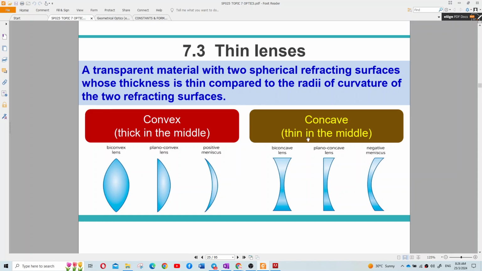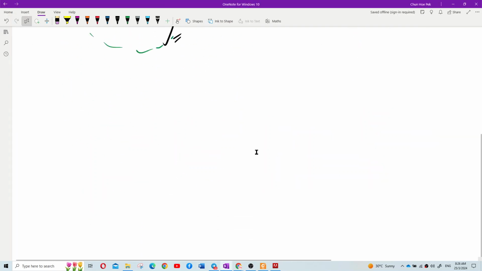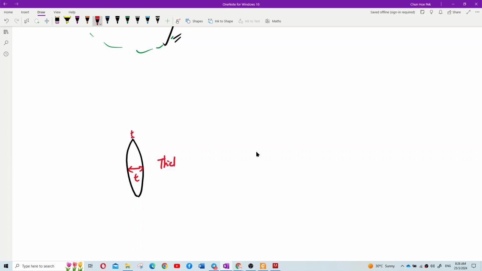Do you see a difference? What I mean is, what is a biconvex lens? A biconvex lens is thick in the middle compared to the thickness at the side, so it is a type of convex lens.